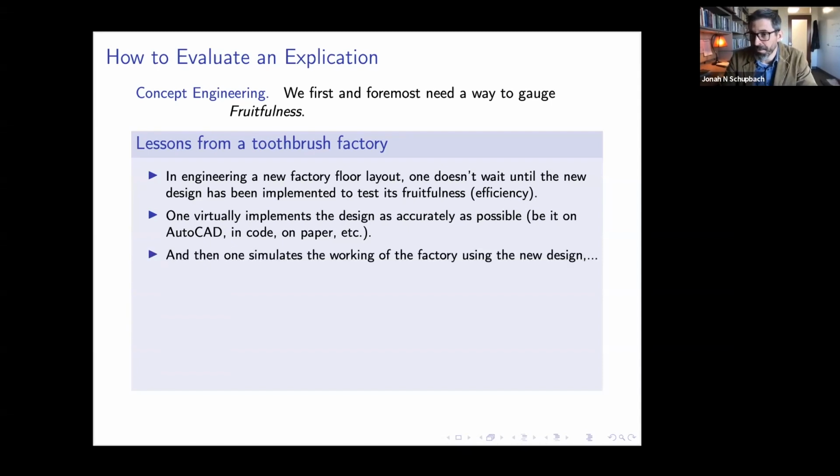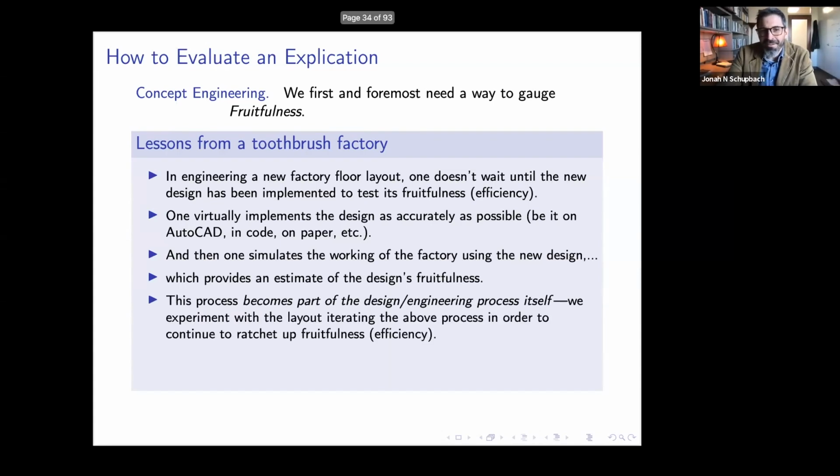Sometimes this was done on paper with systems of equations and calculations. Sometimes it was done on computers with computer simulations. But this gave you some way in the office of gauging, evaluating, and estimating what the fruitfulness or the efficiency of this new floor layout would be. So this provides an estimate of the design's fruitfulness.